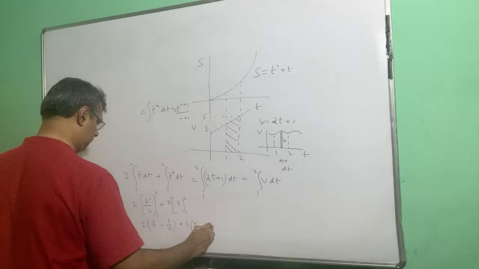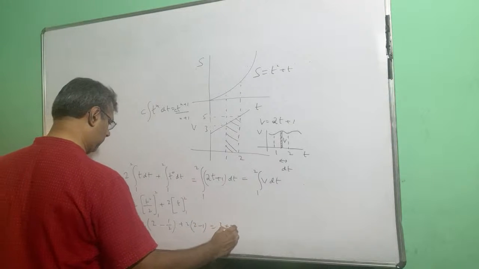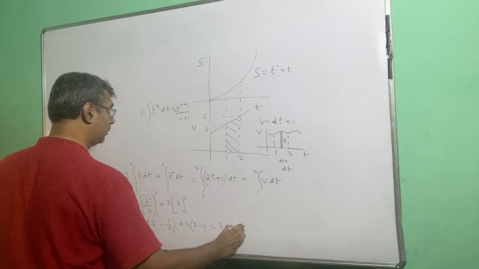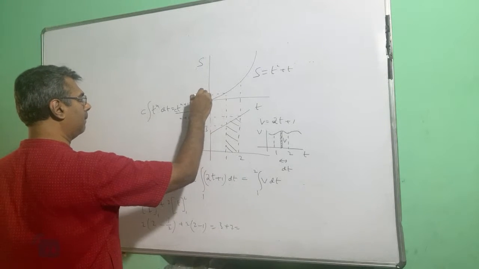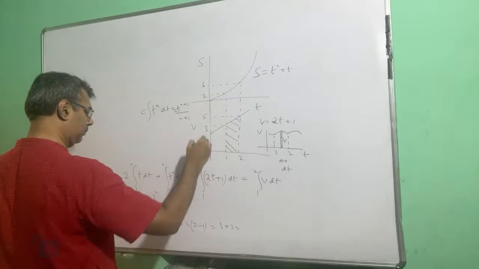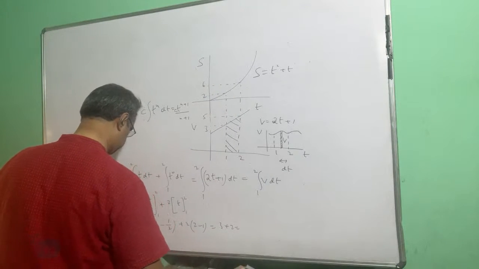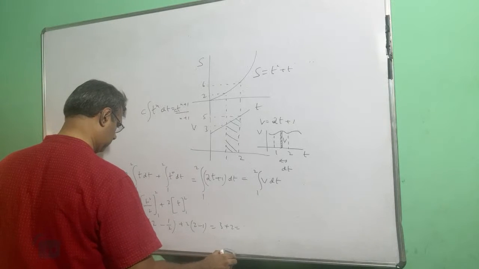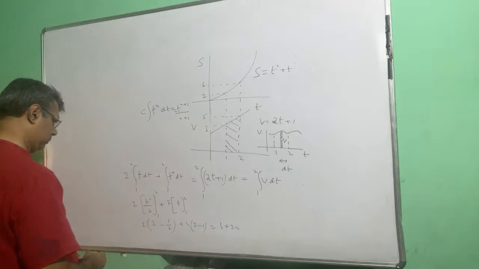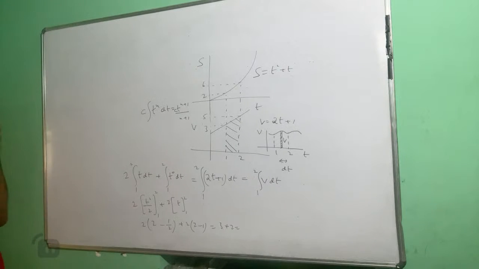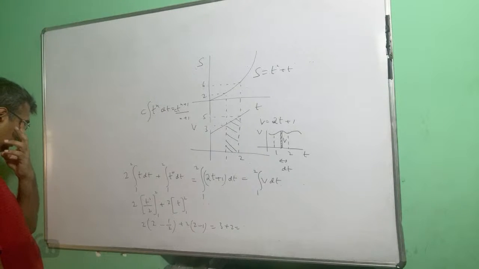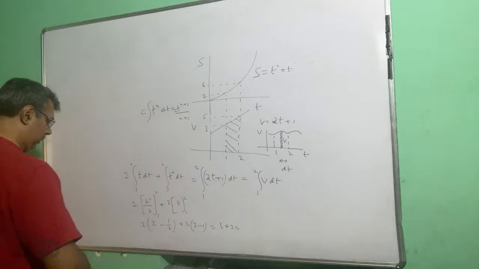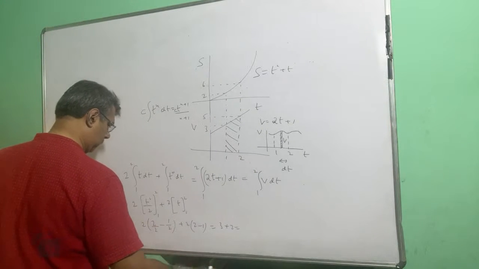So after calculation, okay, this will be actually 2 by 2, right?